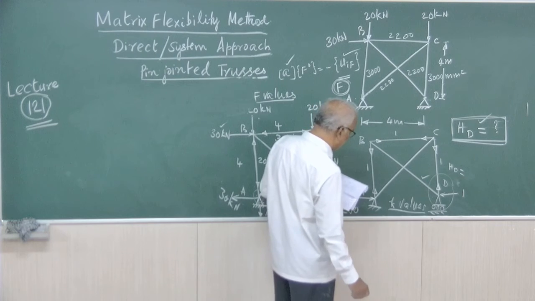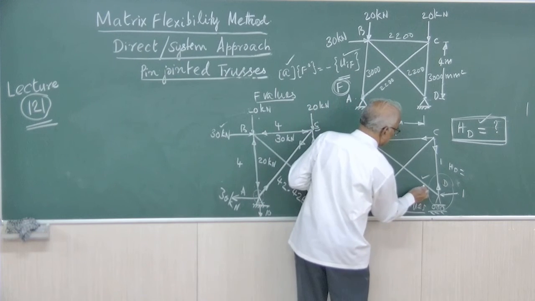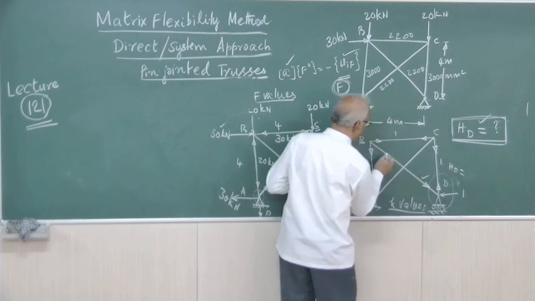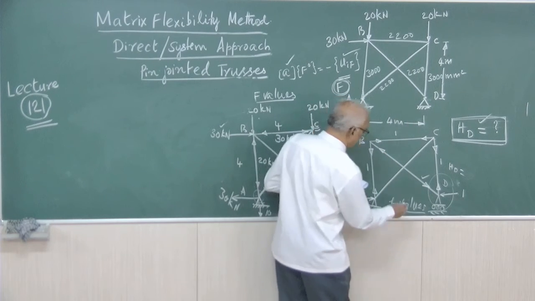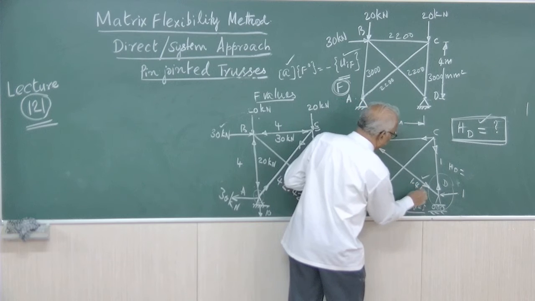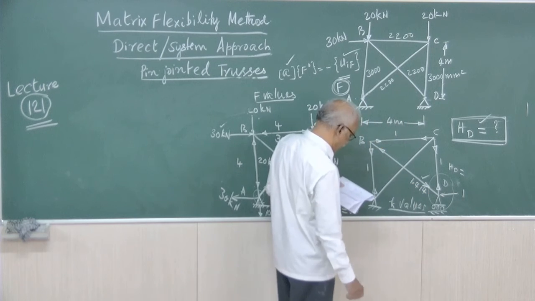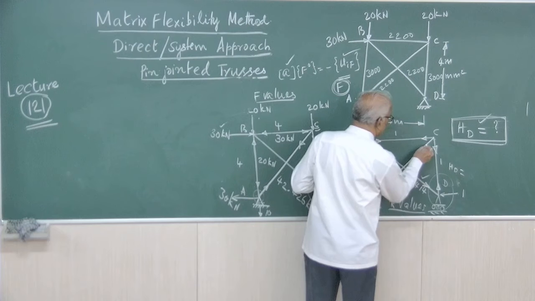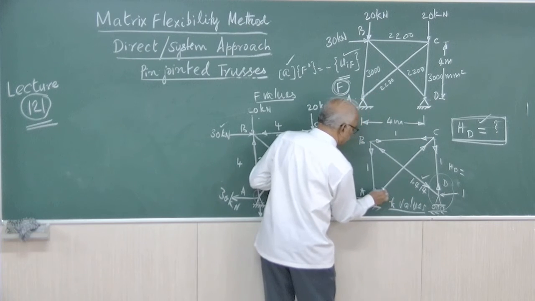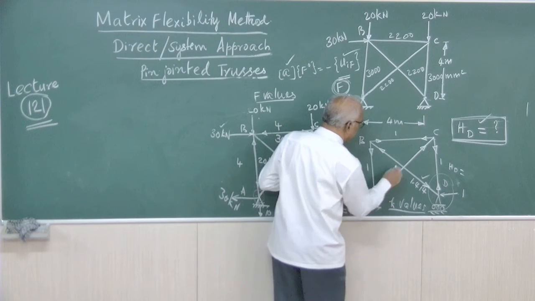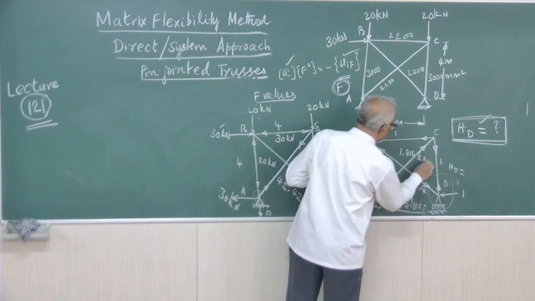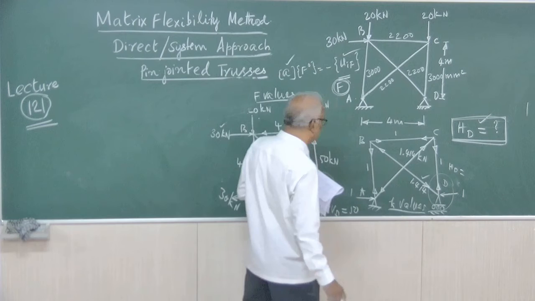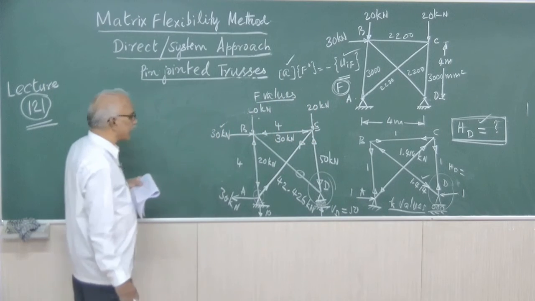Then this is under compression, 1.414, and this is also under compression. So, the analysis by method of joints will give you these forces, 1.414 kilonewton. So, that is about the values of K.